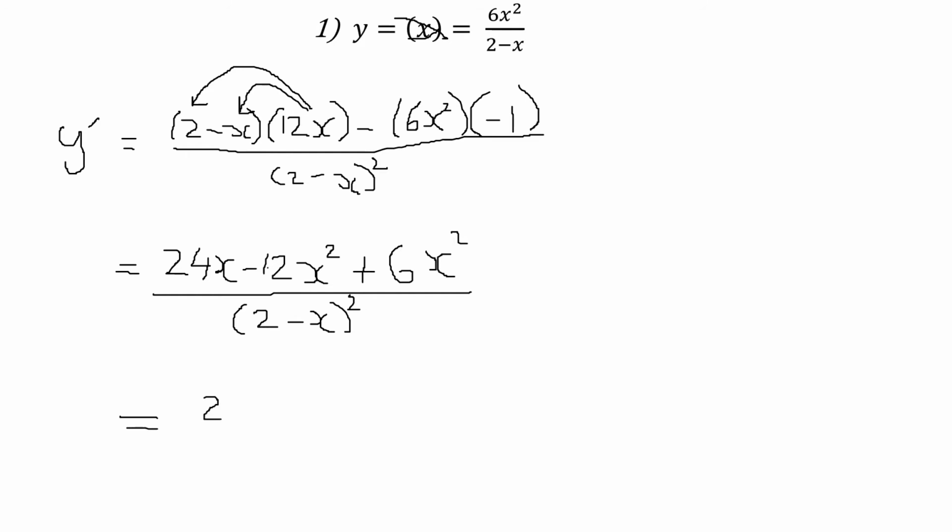This is personal preference, not necessarily standard. So I have 24x, which remains as it is, but minus 12x squared plus 6x squared will actually give us -6x squared.